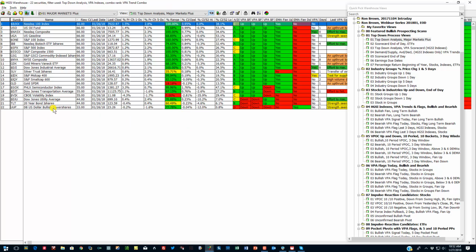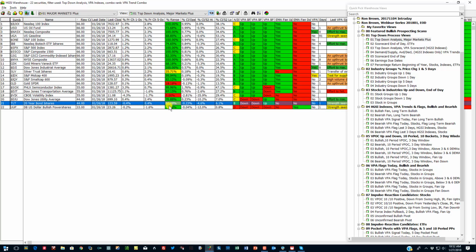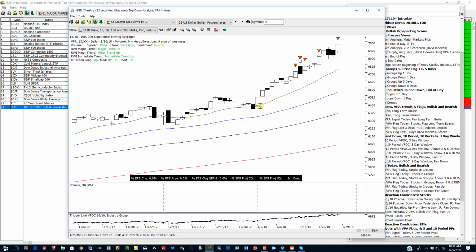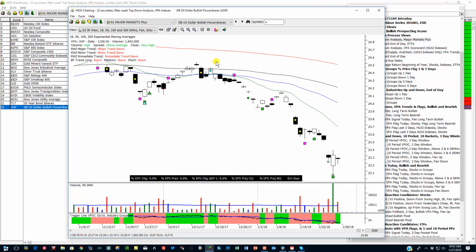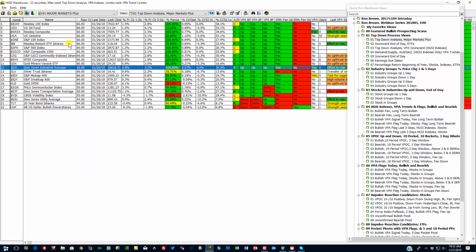I also look down at the bottom and see where the weakness was, and the dollar continues to fall. The 20-year bonds with TLT is also weak, but the dollar, as you can see, has been in a major downtrend, which attracts money to our stock market too. Money flows in from overseas.